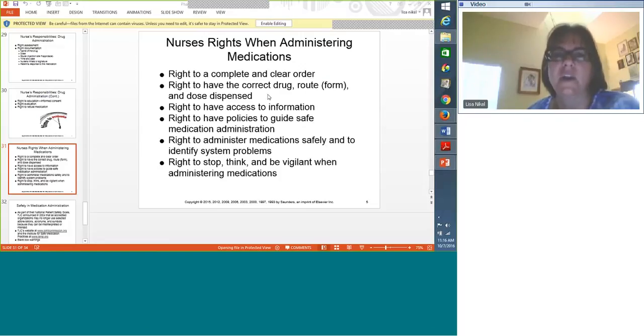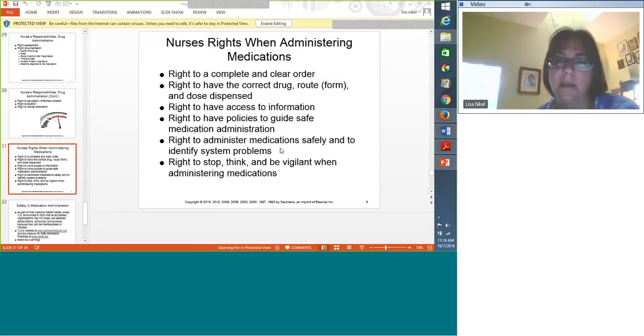You have the right to have the correct drug, the correct route or form, and dose dispensed. You have the right to access information to look up the medication if you're not familiar with it. The right to have policies to guide safe med administration, and we'll talk more about this in our Safe Culture of Med Practice assignment. Right to administer medication safely and to identify system problems.